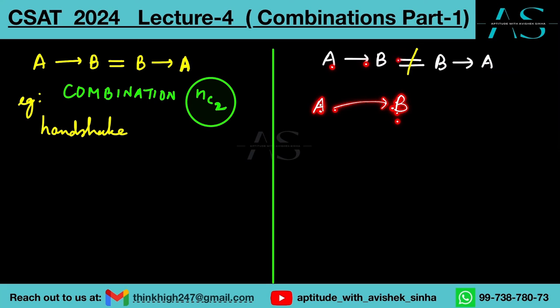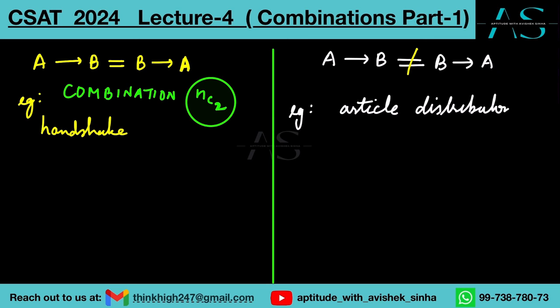So A to B is not equal to B to A means we are talking about article distribution. You can say you're distributing chocolate, you're distributing cards, wedding cards, invitation cards, or you are slapping the other person. In all of these cases we use permutation.